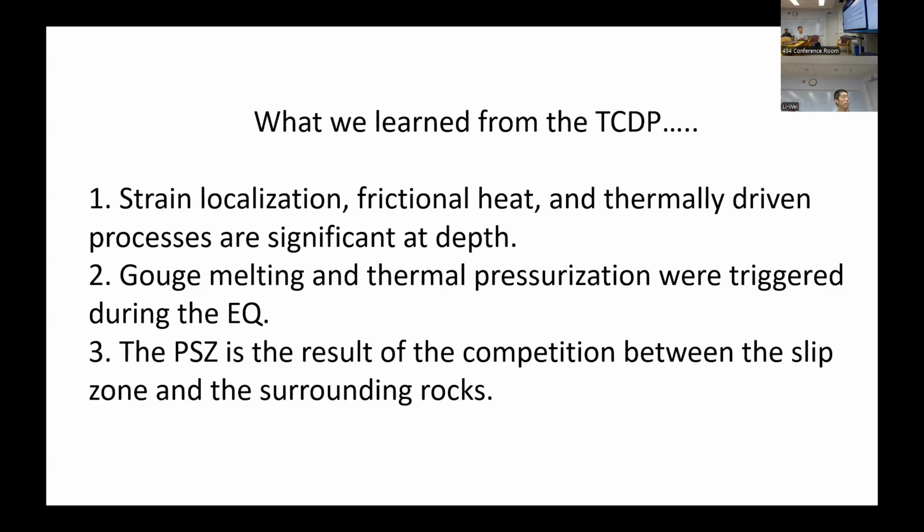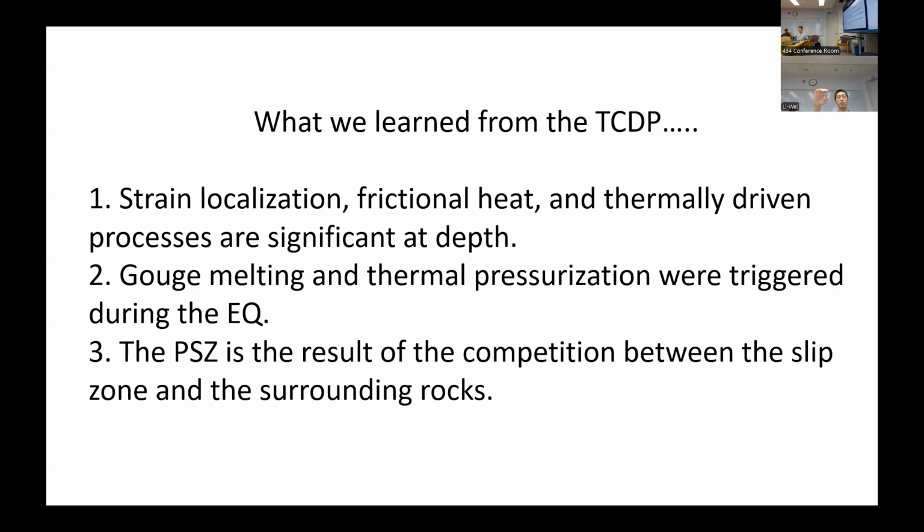The third point is that the principal slip zone is the consequence of the interaction between the slip zone and the surrounding rock. Because you have fluid drainage, that means you have a mature damage zone, which allows fluid to drain out during seismic slip. That's a pretty important thing. But for TCDP-B, the upper and lower bumps surrounding the principal slip zone are clay gouge.